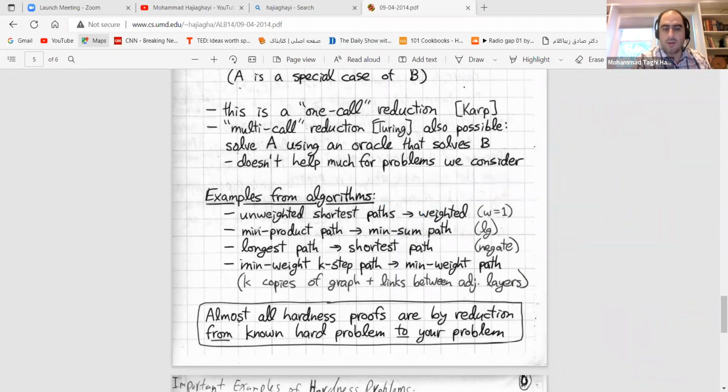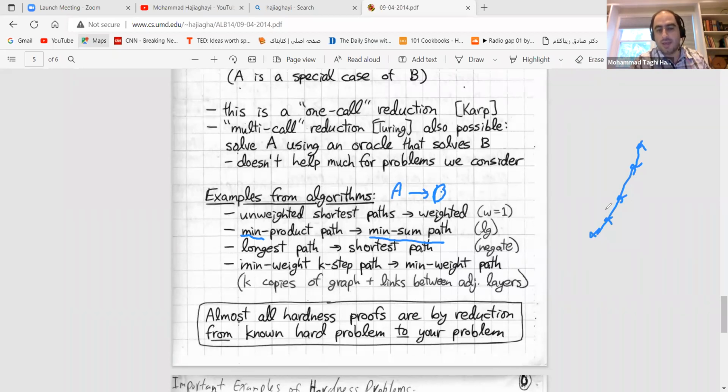The other problem is the min product path, like the min sum path. Again, we want to say that problem B is as hard as problem A. For example, in the shortest path, you want to find a path between two nodes such that the sum of the lengths is minimized, where all the numbers are positive.